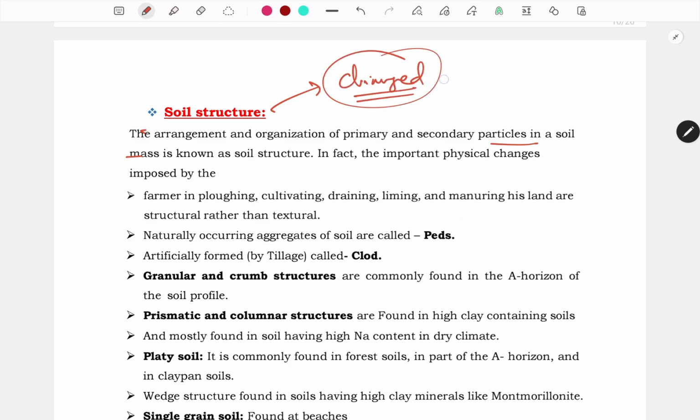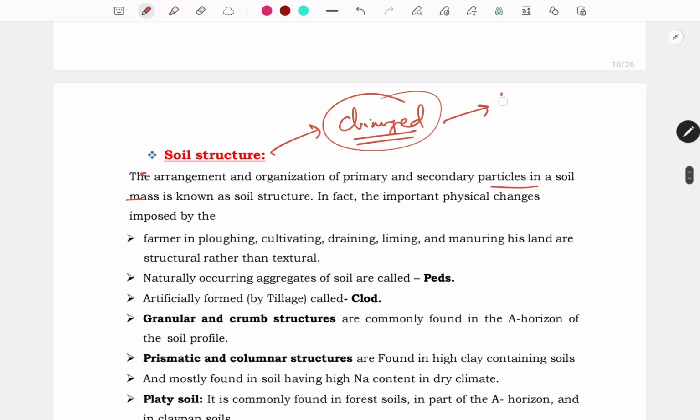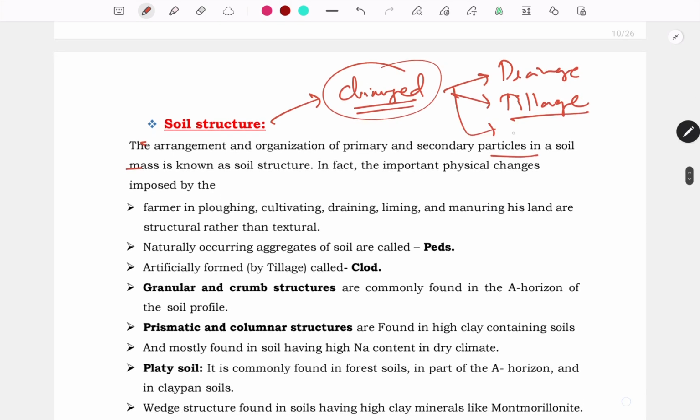It can be changed by drainage activity, by tillage activity, by application of fertilizers. We can change the soil structure, not the texture.